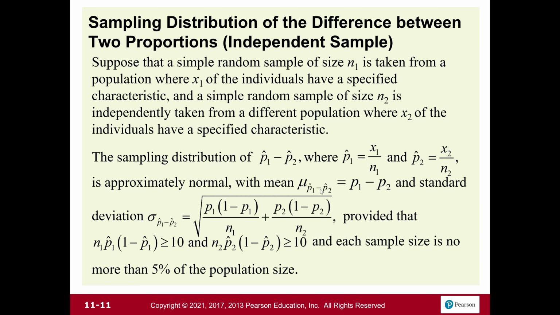The mean of the sampling distribution would be the same as the difference of the true population proportions. And the standard deviation would be the square root of all of this. Again, this is provided that n1 times p hat 1 times 1 minus p hat 1 is greater than or equal to 10, and the same is true for the second population.